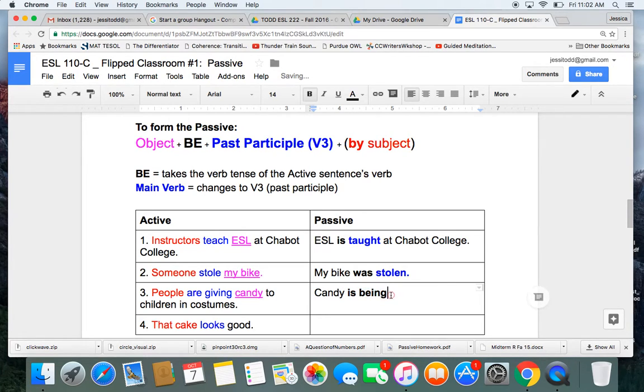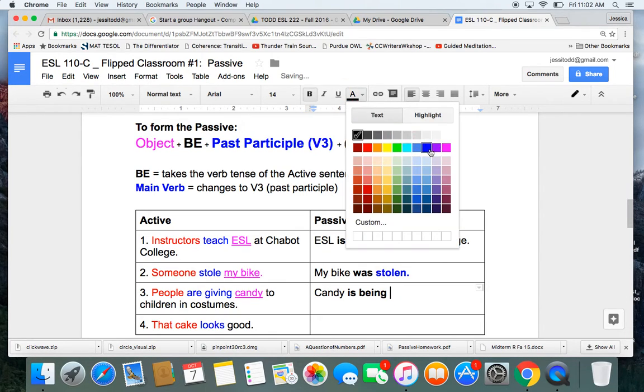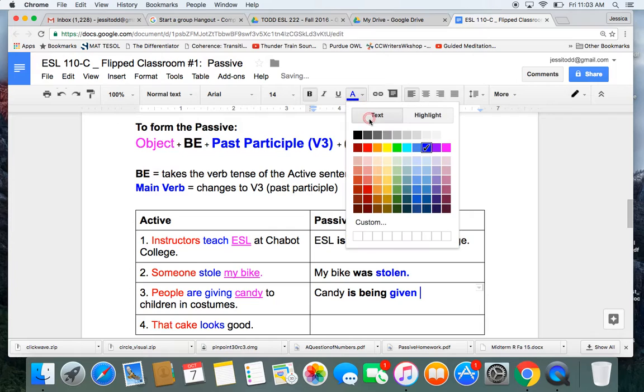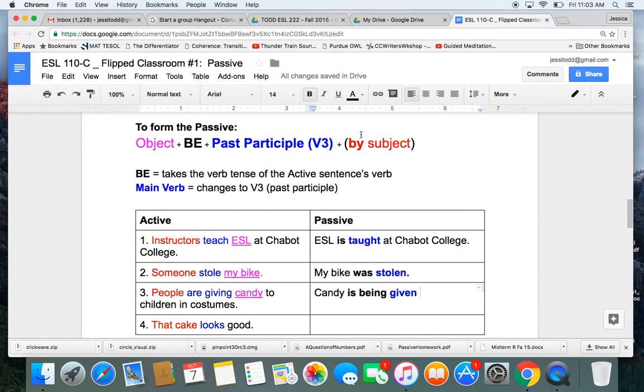All right. Next thing we're going to do is past participle of the main verb. The main verb is give. So give, gave, given. Candy is being given to children in costumes.